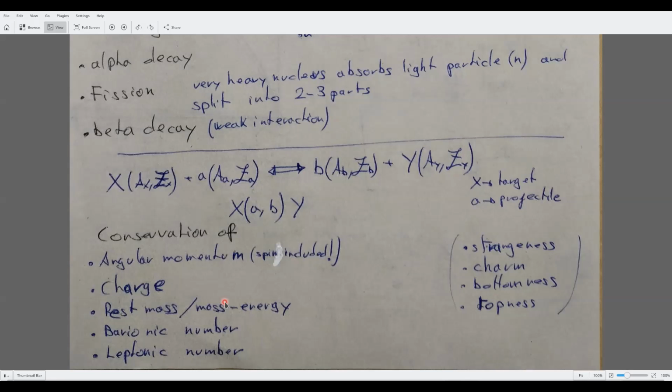So one of them should decay into a neutron.